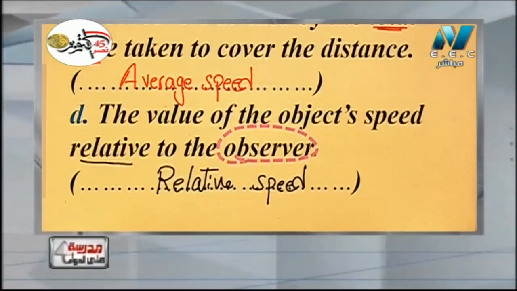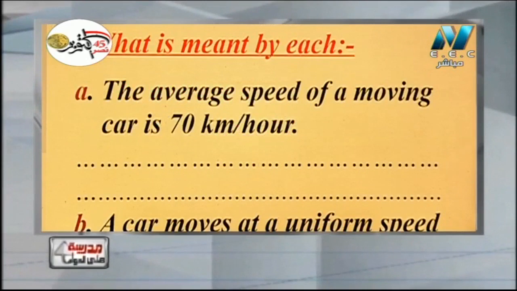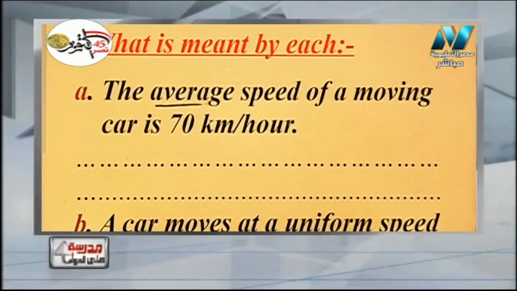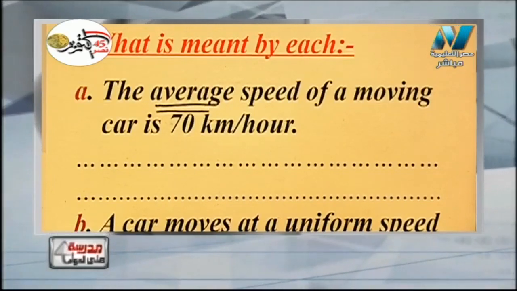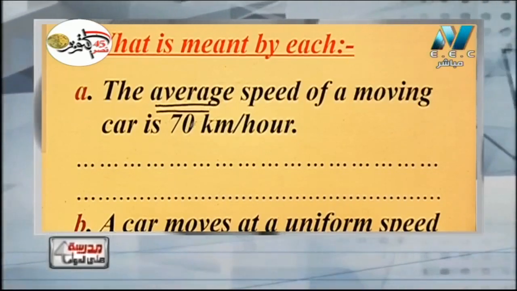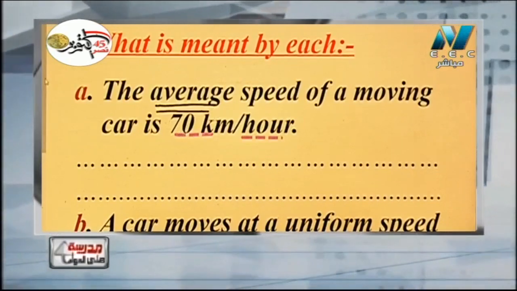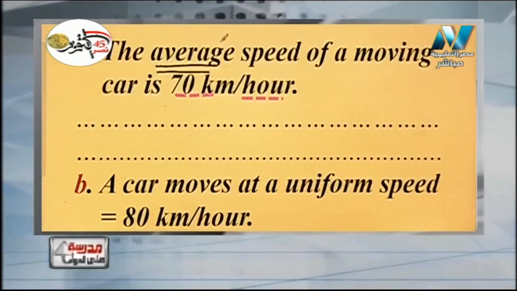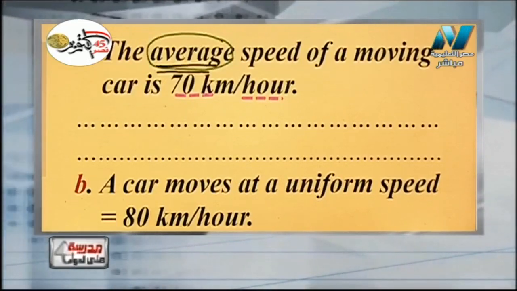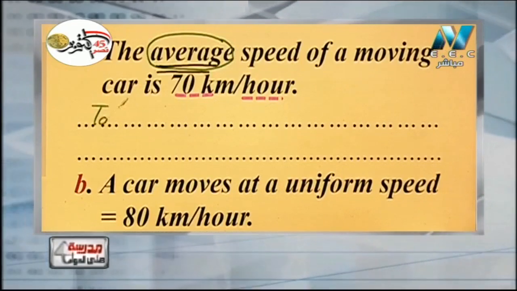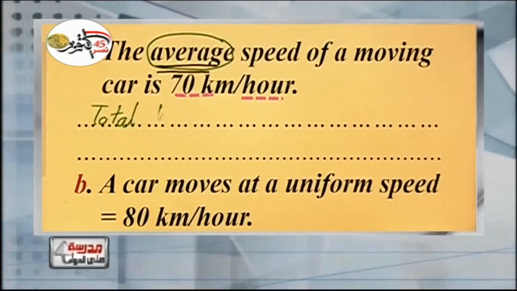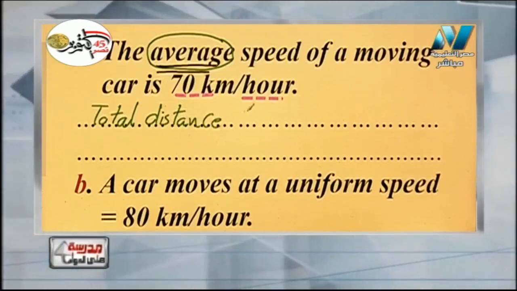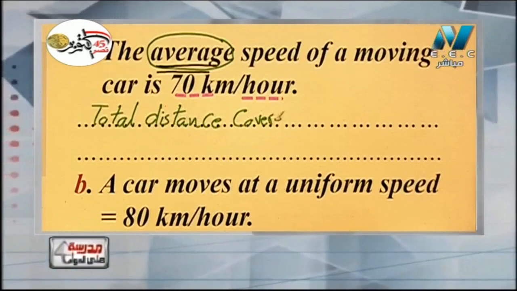Next one. What is meant by each of the following? Question number one: average speed. Pay attention, what does it say? Average speed of a moving car is 70 kilometers per hour. So how do we answer? We should define average speed. Average speed means total distance covered, which equals how many?